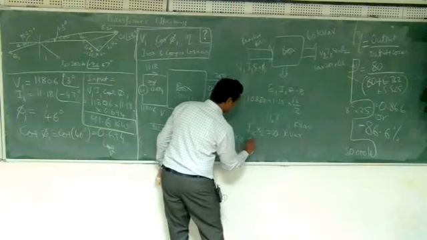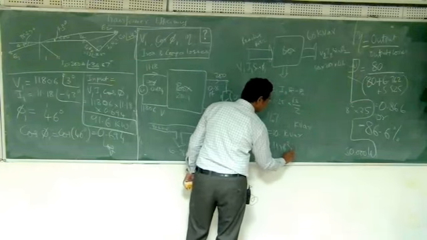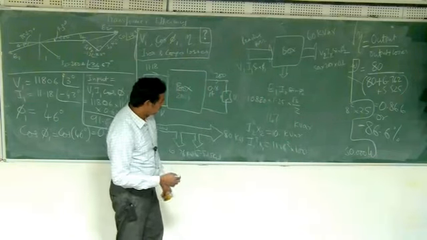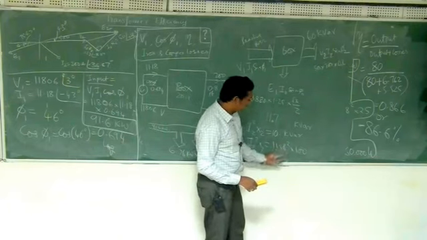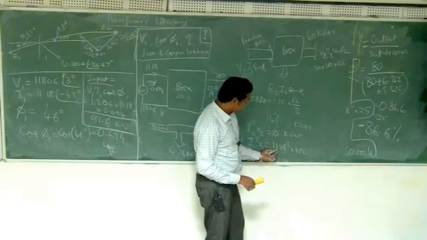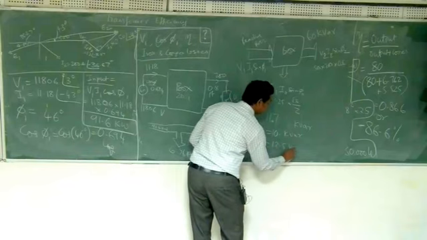And what is I1 square x1? 11.18 square into 100, since x1 was 100. 11.18 square is 12.5, so 12.5 kVAR.